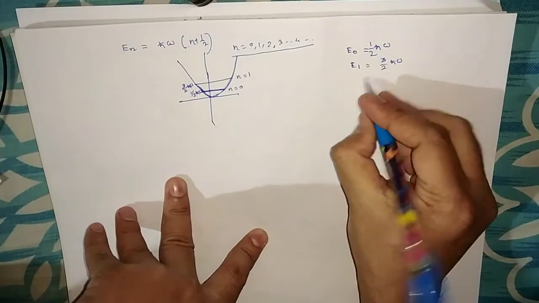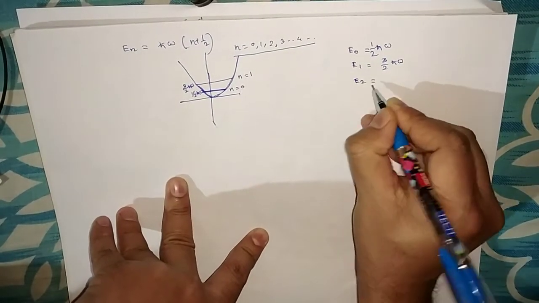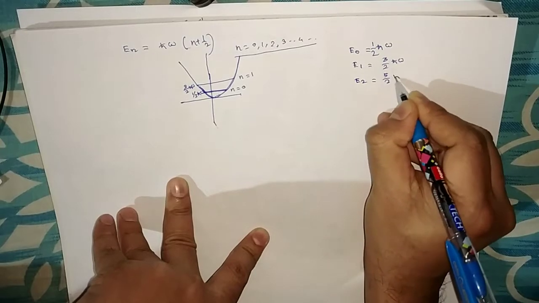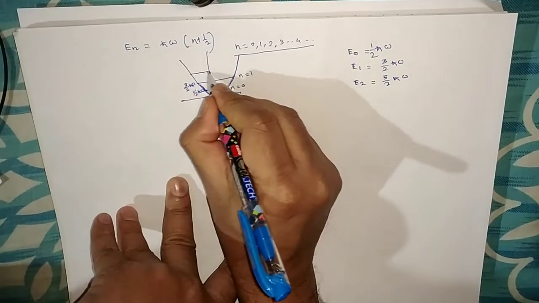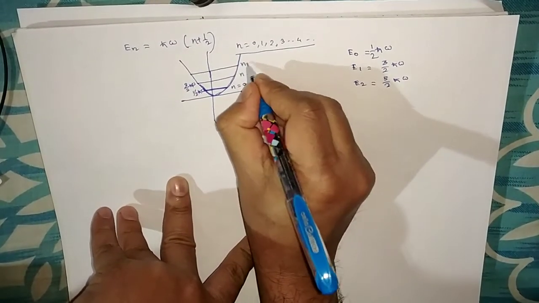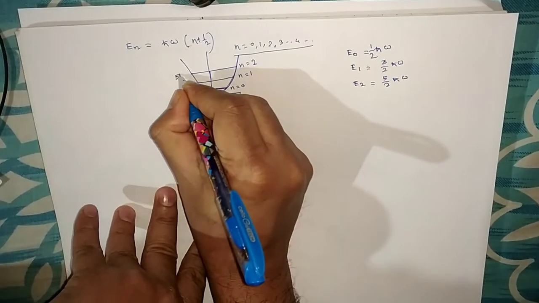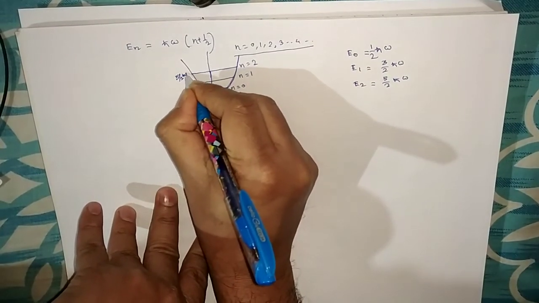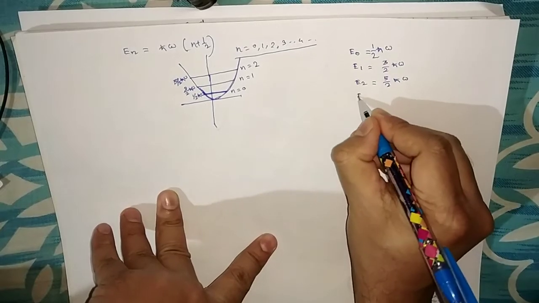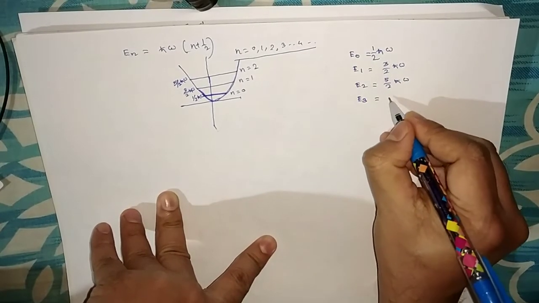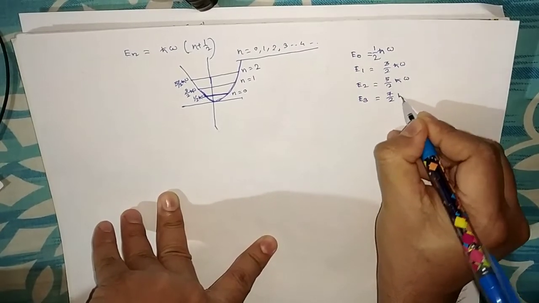Similarly, for n = 2, we obtain E2, which is equal to 5/2 ħω. Similarly, for n = 3, E3 will be 7/2 ħω.